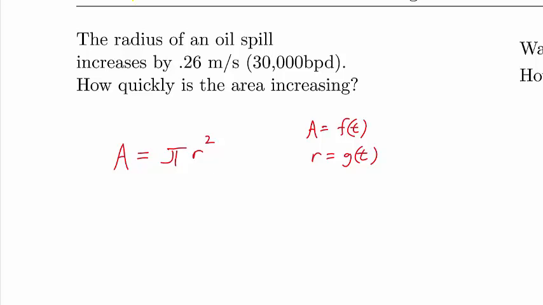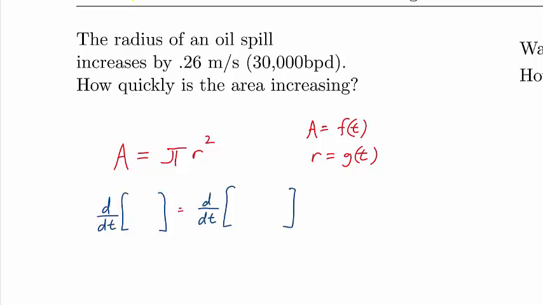What you need to remember is that area and radius are both functions of time. And that when we're going to take the derivative of both sides, because we want to know how quickly the area is increasing, we are not taking the derivative with respect to x. We are taking the derivative with respect to time. So let's go ahead and write that out.